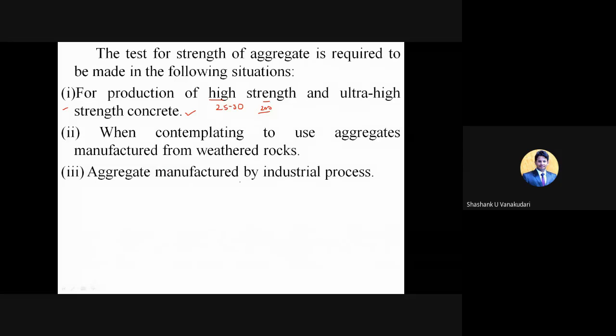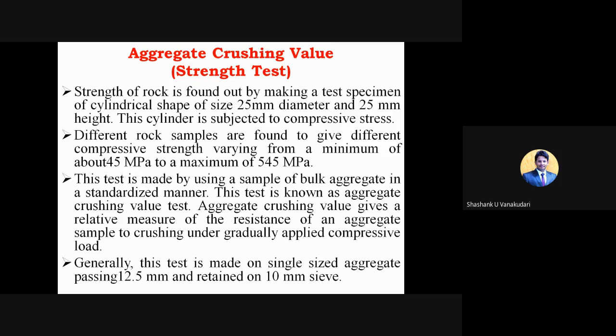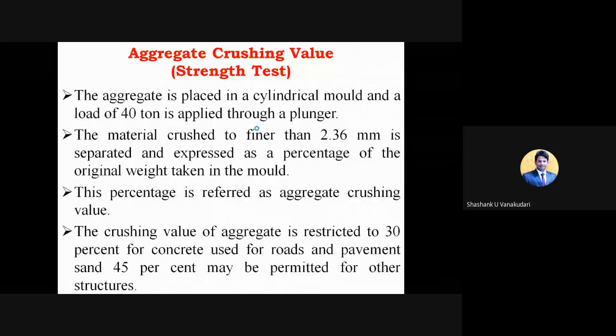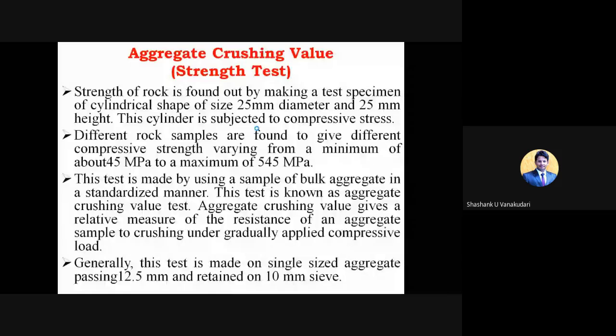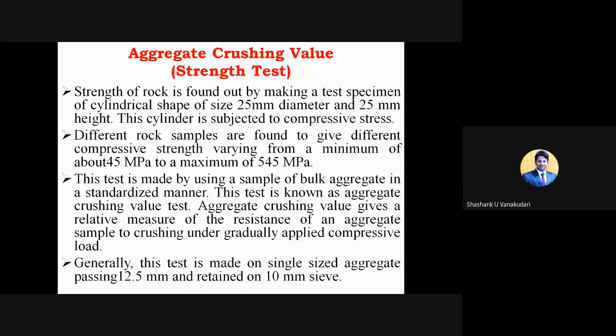For aggregates manufactured by industrial processes, we also need to consider the strength aspects. Only if they have a permissible strength can we use them in the construction field. Here, the aggregate crushing value is also a strength test. Through this, we come to know the strength of the coarse aggregate by crushing it.